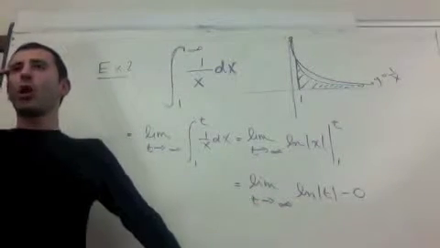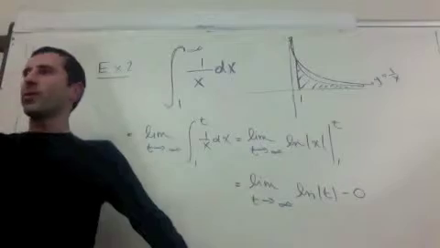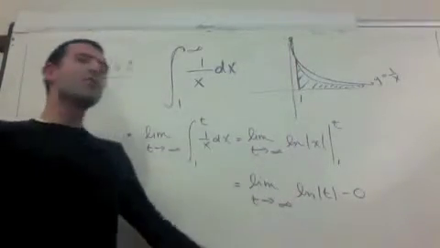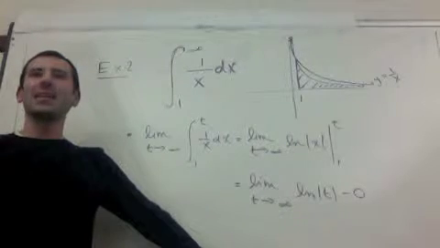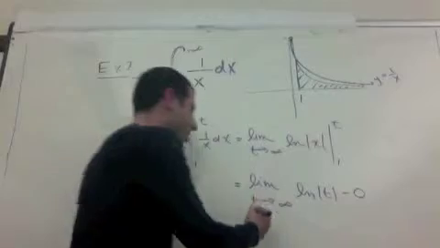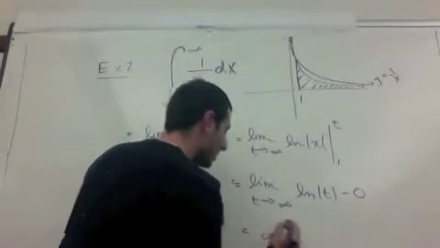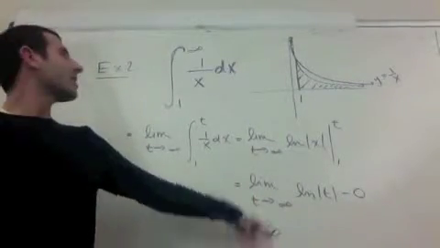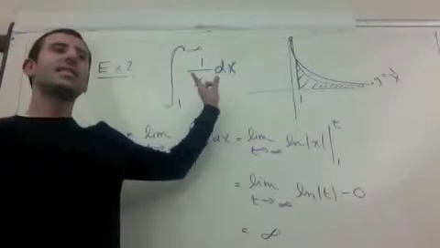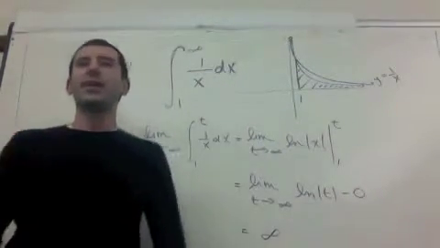Think of the natural log graph in your head if you have trouble with that. It's that one. As t approaches infinity, what's that limit? Infinity. Okay? So because this limit is not finite, this integral we say diverges. This is a divergent integral because its limit is infinite.